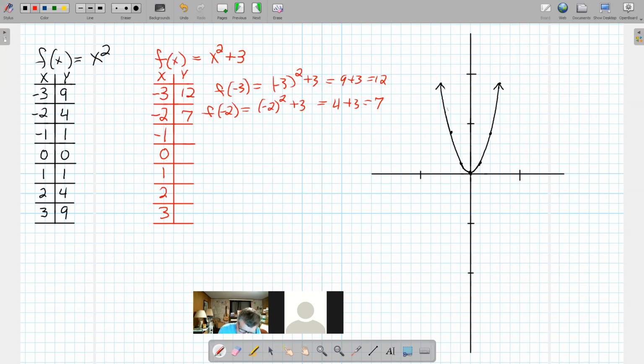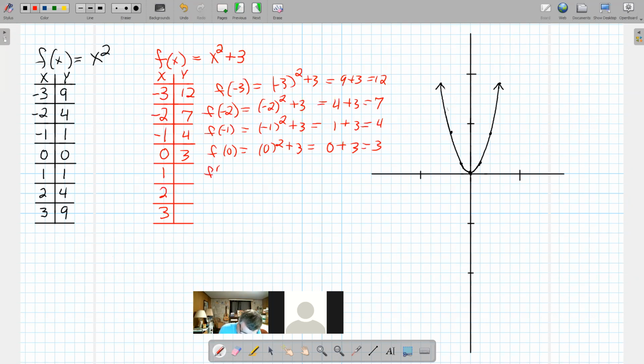If x is -1, f of -1 equals -1 the quantity squared plus 3, which is 1 plus 3, or 4. If x is 0, f of 0 equals 0 squared plus 3, which is 0 plus 3, which is 3.